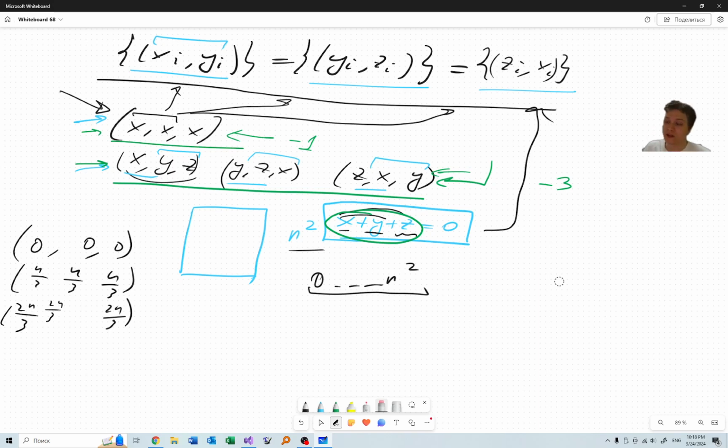There are 3 such triples, and the rest of the triples are split into triples.